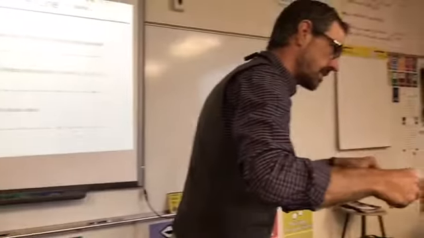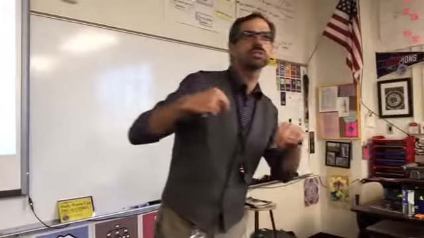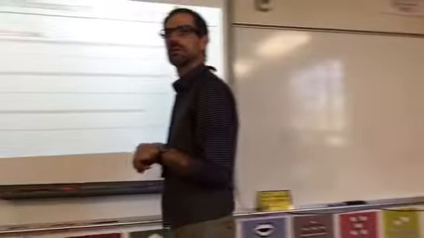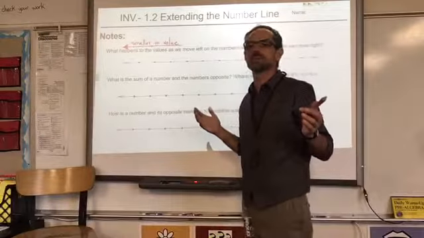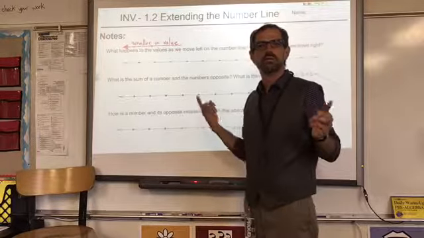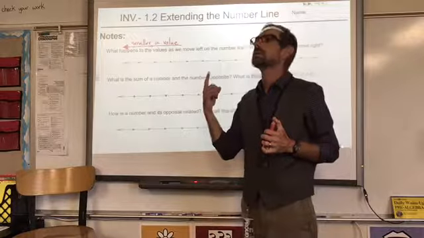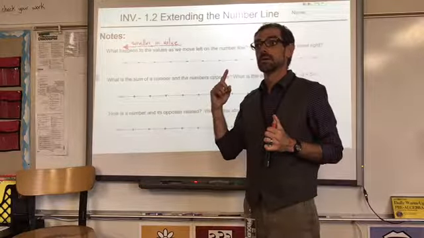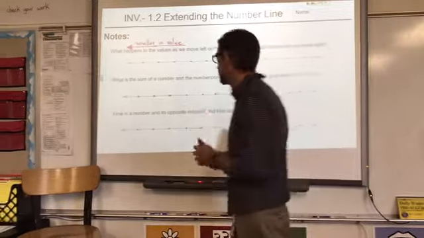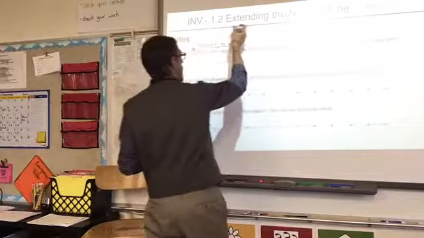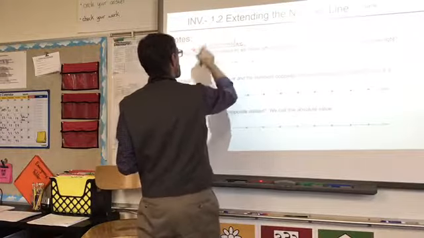How does that happen? By using operations. How can I make a number smaller? What's one way? Subtracting what? A positive. So above that, write smaller in value.